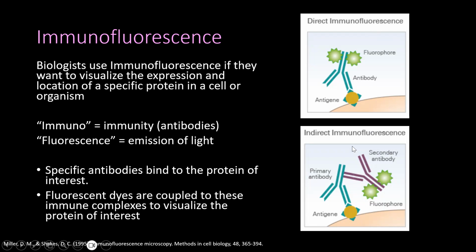And then indirect immunofluorescence just has two parts to it instead of the one. So one antibody, the primary antibody, binds to the antigen on the target protein, while a secondary antibody binds to the primary antibody, and it's the molecule that holds the fluorophore.